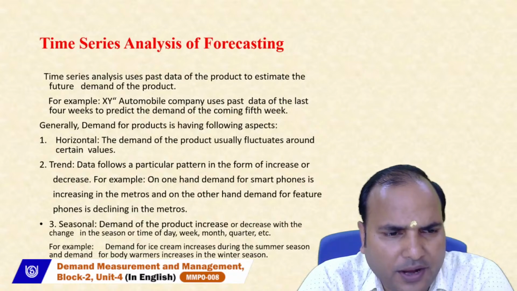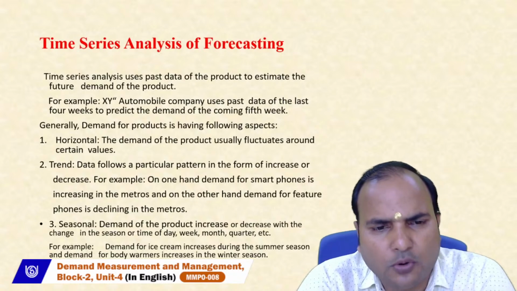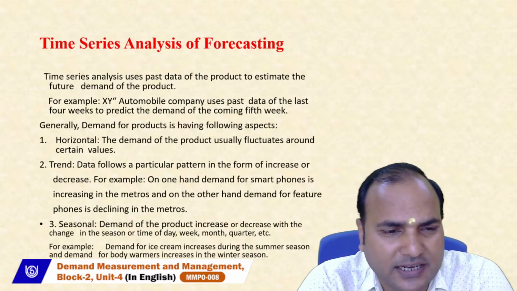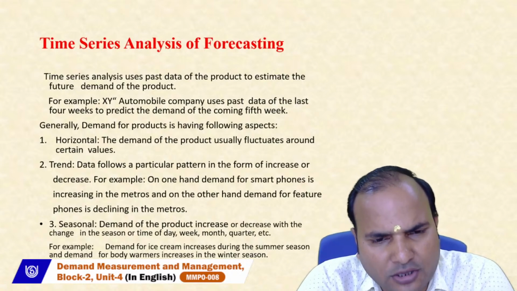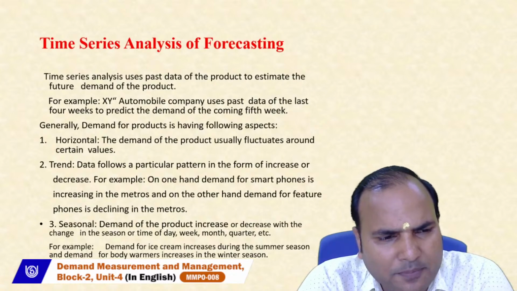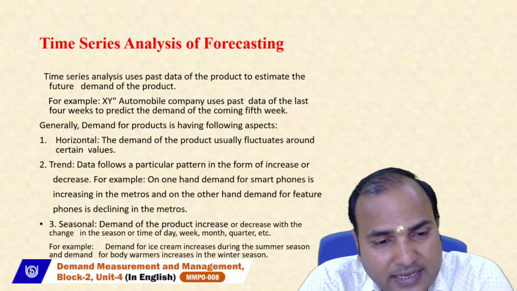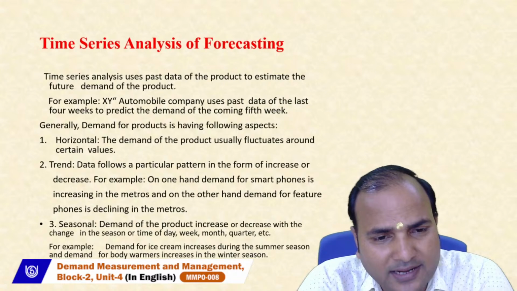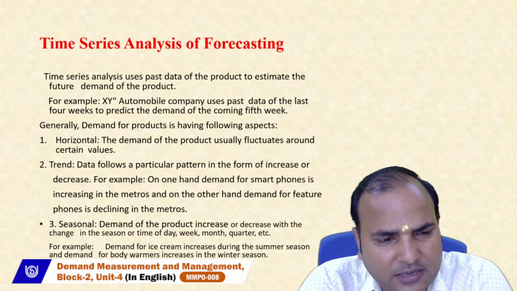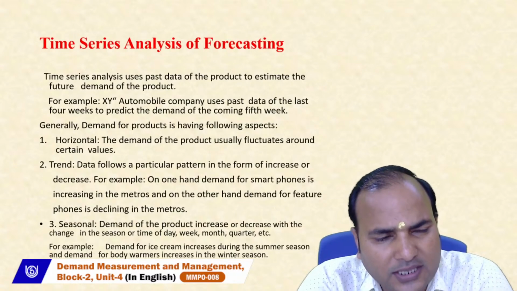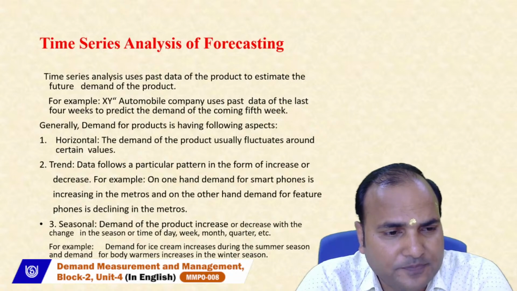For example, on one hand, demand for smartphones is increasing in the metros, while on the other hand, the demand for feature phones is declining in the metros, because when one demand is increasing, others are affected and decreasing. So this is the trend analysis.